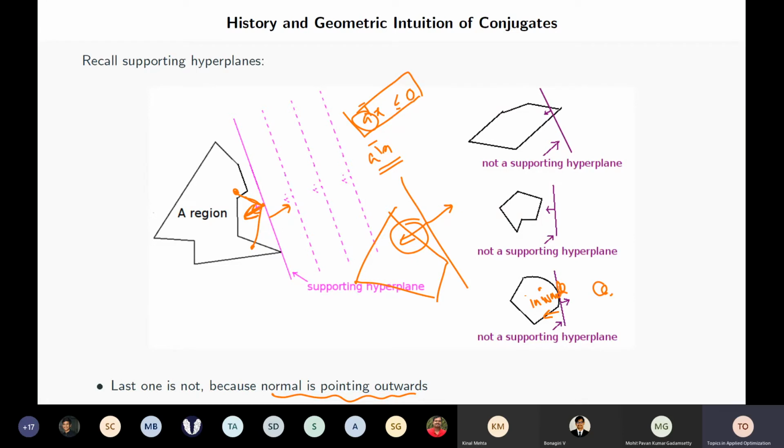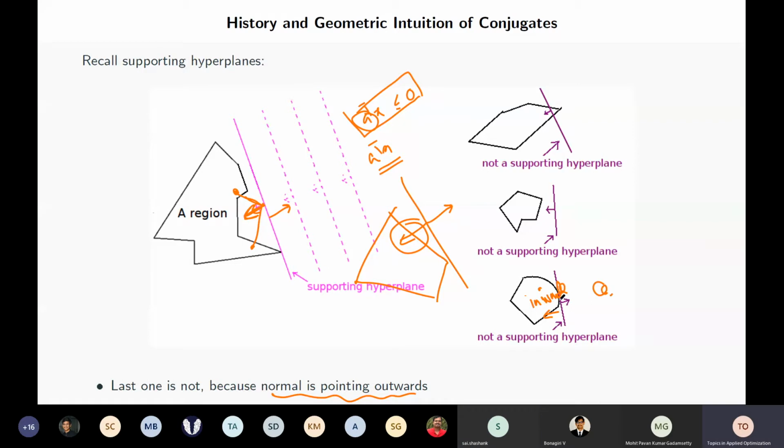Sir, in the last diagram, how are you drawing the normal outwards? Why can't it be inwards? In the third case, how exactly are you drawing the normal? Yeah, so the normal is this way, the other way, like minus A, right?